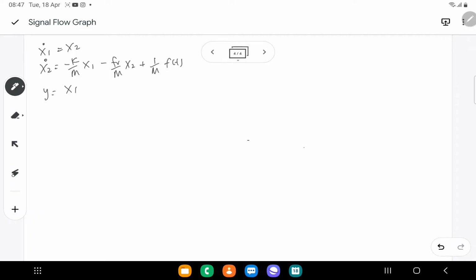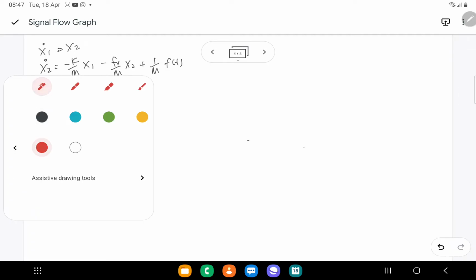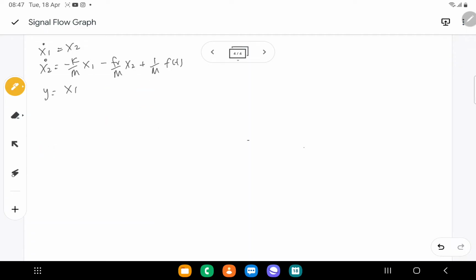Okay, so in order for you to draw the signal flow graph, you need to start with the input u, and the signal flow graph must end with the output y. Refer to the input and y.